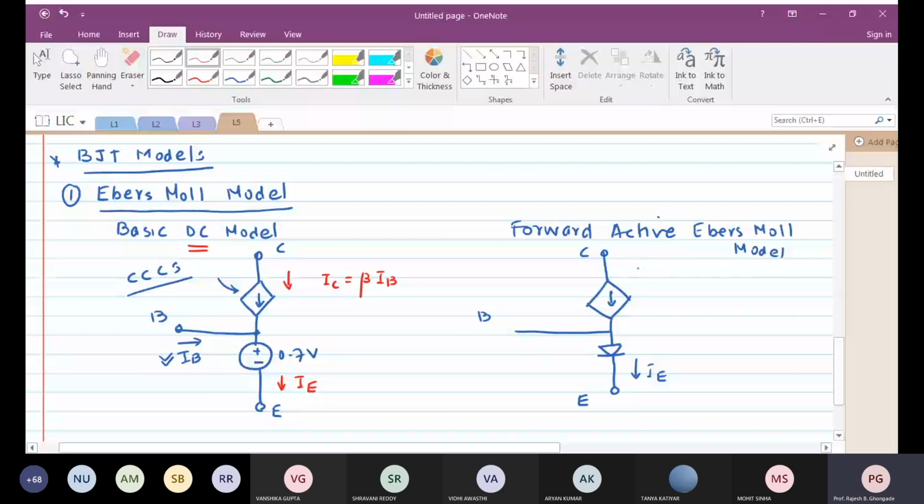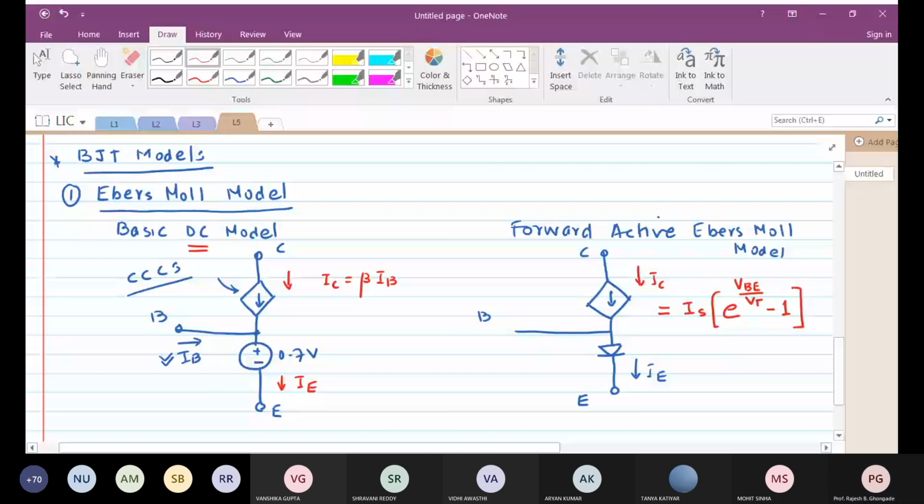This is your collector current, and this collector current is given as IS, a very, very important equation, into e to the power VBE by VT minus 1. This is one of the most important equations that you will ever see.